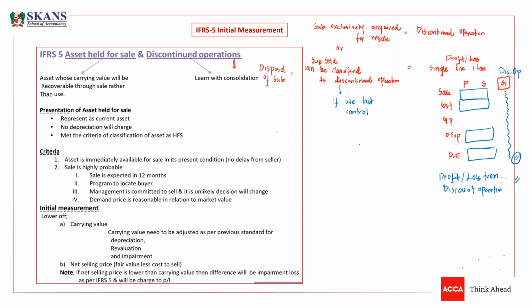But there are certain other criteria as well. If you want to present it as a discontinued operation, then it must be a separate geographical region. There are questions in past papers where they said we have sold a subsidiary, but the subsidiary was operating in a region where we have other subsidiaries and other operations as well.